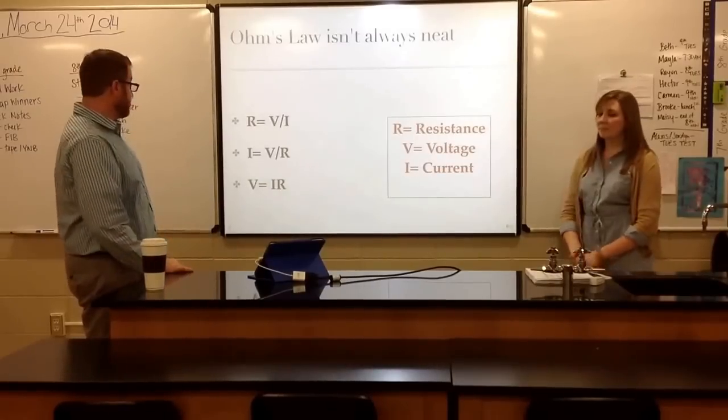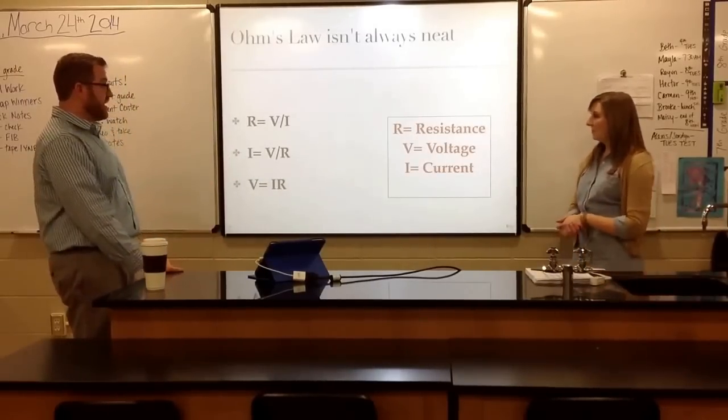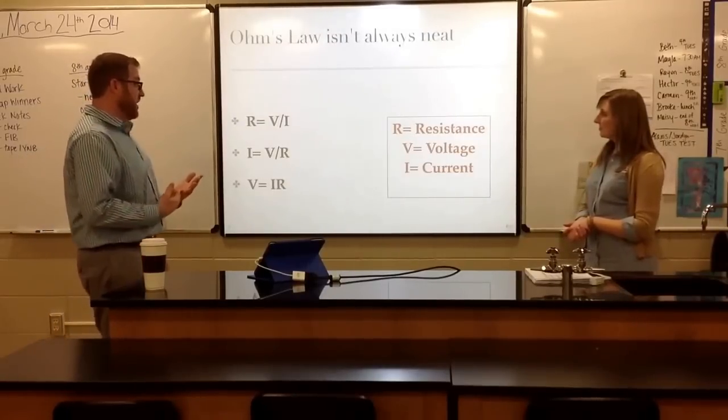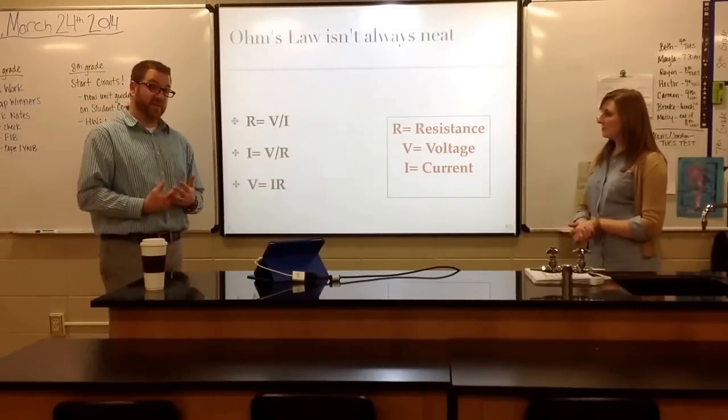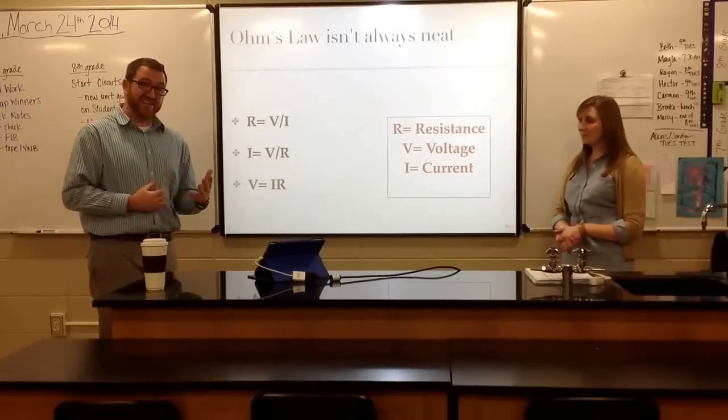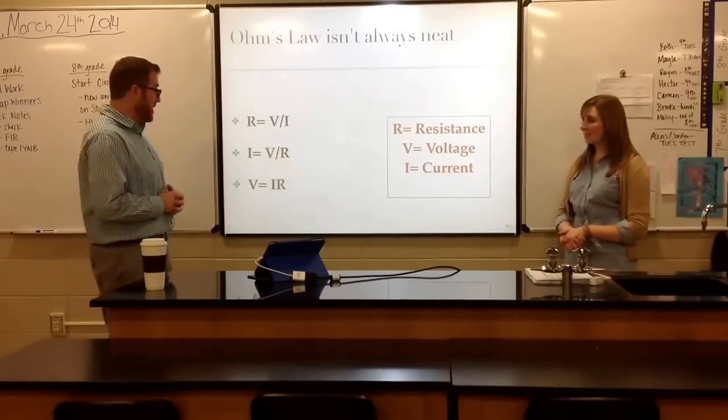Formulas. These are kind of all the different variations of the formula, and I have a little triangle that I'm going to show you in a little bit that really highlights an easier way of manipulating the formula.